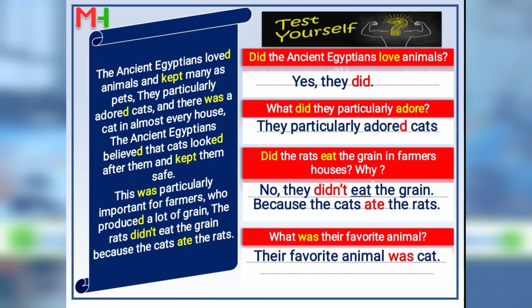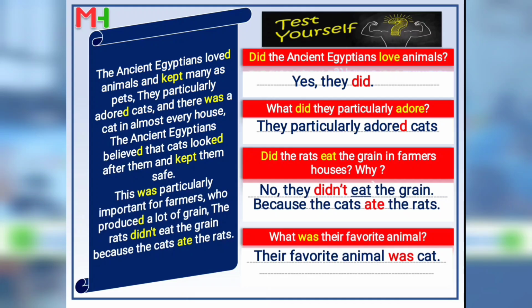We notice here this text to talk about ancient Egyptians and their animals. Of course, these actions happened in the past, so we use the second form of the verb. When we want to put the regular verbs in the second form to express about past, we add the suffix d or ed or ied.